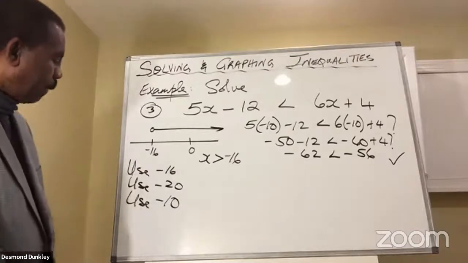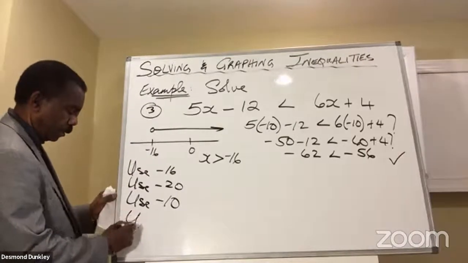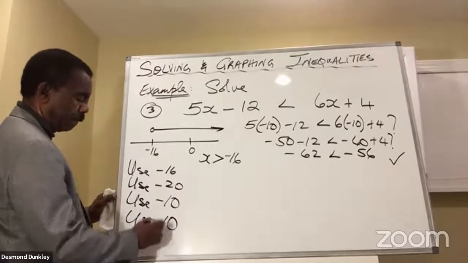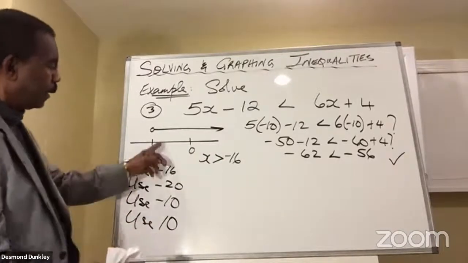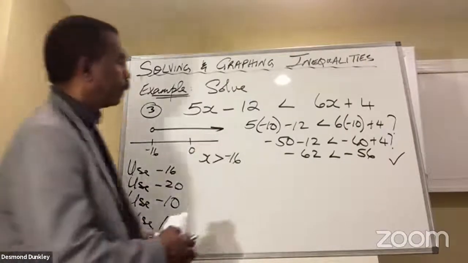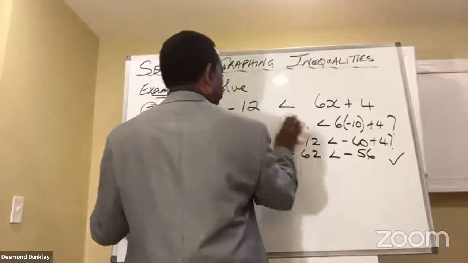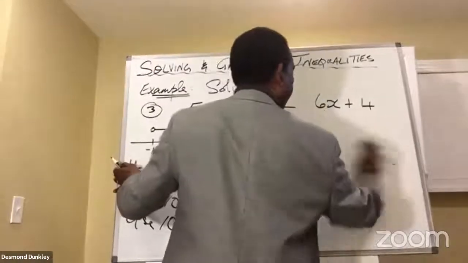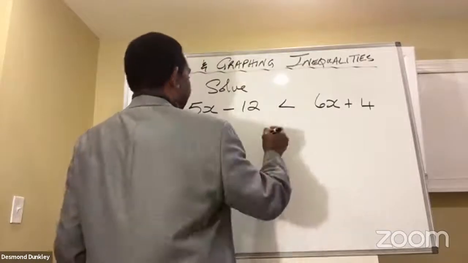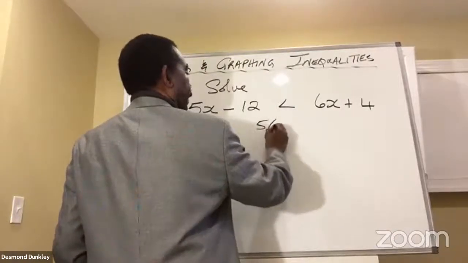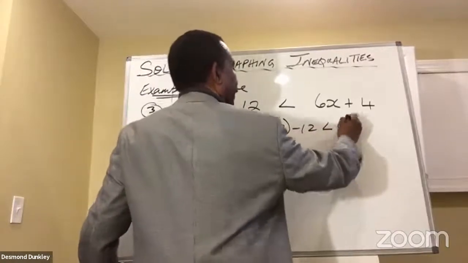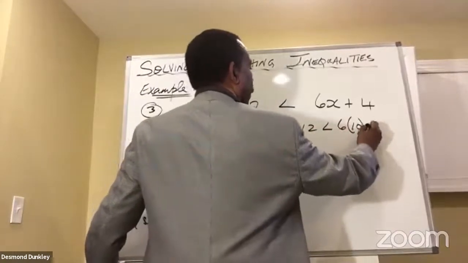Okay, finally, let's use positive 10. Again, just like negative 10, positive 10 should work also. So positive 10, we end up with 5 times 10 minus 12. Is that less than 6 times 10 plus 4?